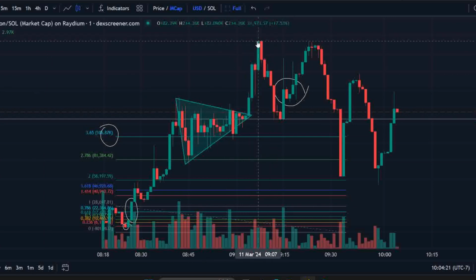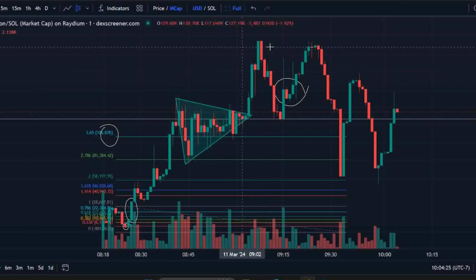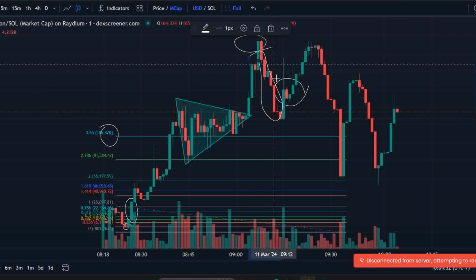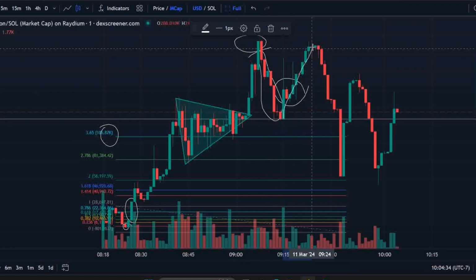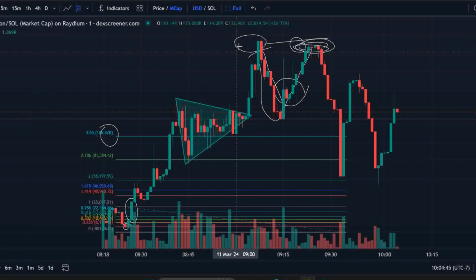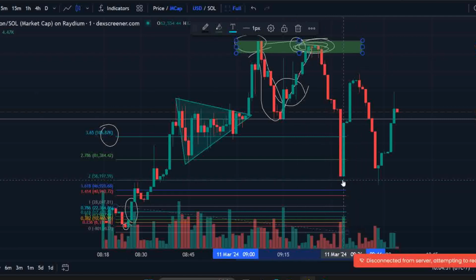And what happened here, again, there was a huge profit taking right here, right? And it ran back again, but then it developed a double top as a resistance level right here, and boom, got down.